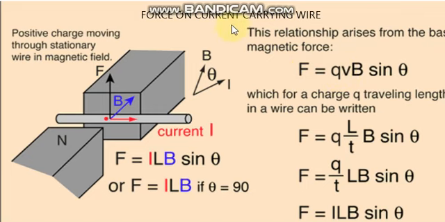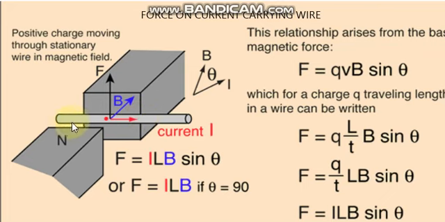But when we talk about current, of course the current is made up of a large number of moving charges, and if each charge experiences this magnetic force, then this will cause a magnetic force on that current carrying wire, and it will be pushed one way or the other depending on the direction of the magnetic force acting on that conductor.